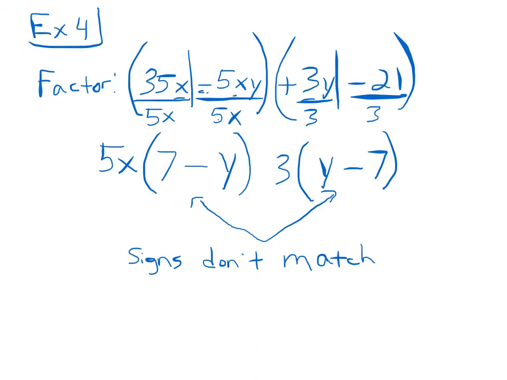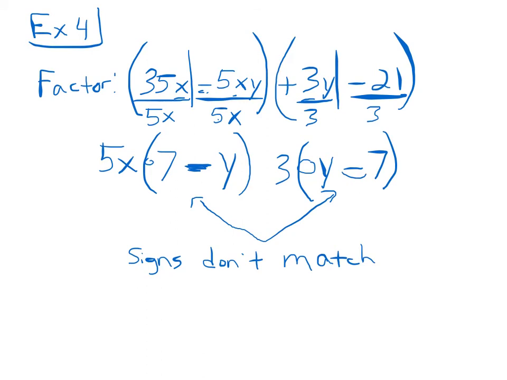So what could we do to get it to where the signs match? Essentially I'm saying this is a negative y right here, right? This was minus y. What could we do to get this to be a negative y? And this was a positive 7. What could we do to get this to be a positive 7?